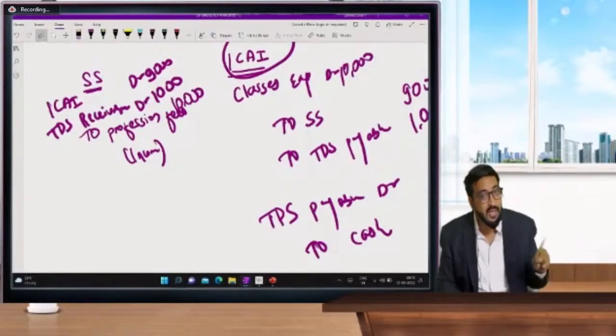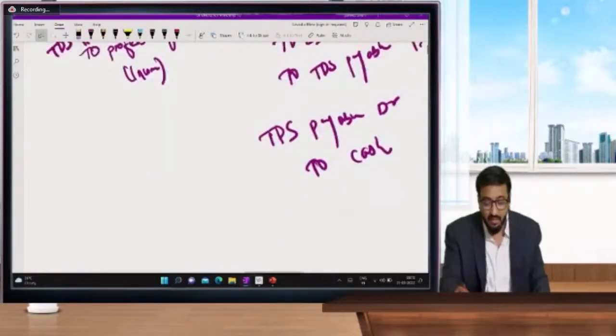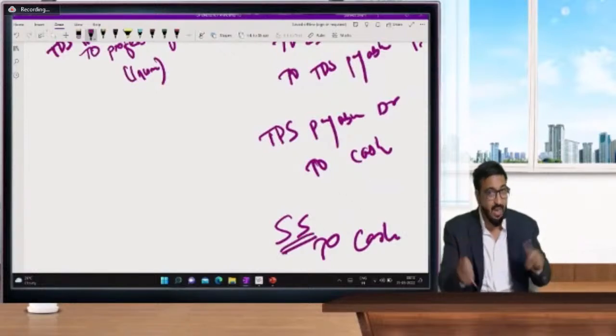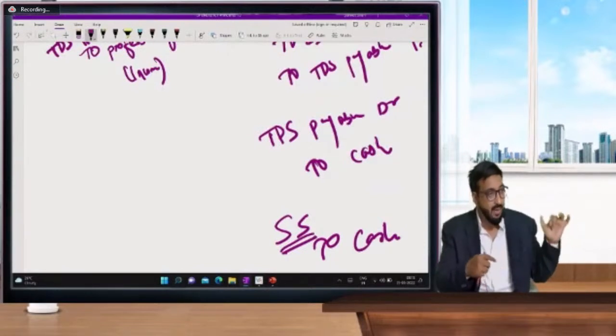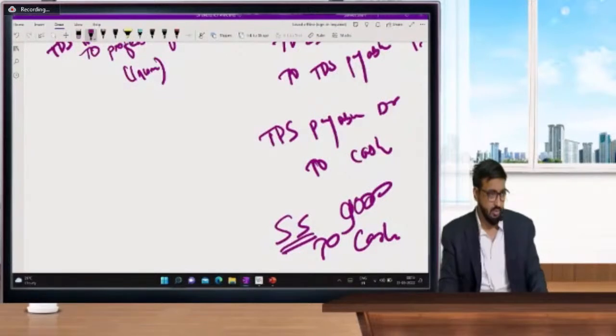And TDS payable कितना होगा? 1,000. Sorry, in this case, my account will be credited in my books, means बैंक अकाउंट में मेरा पैसा आएगा, amount will be deposited, and in their books whenever they are making payment they will make 9,000.